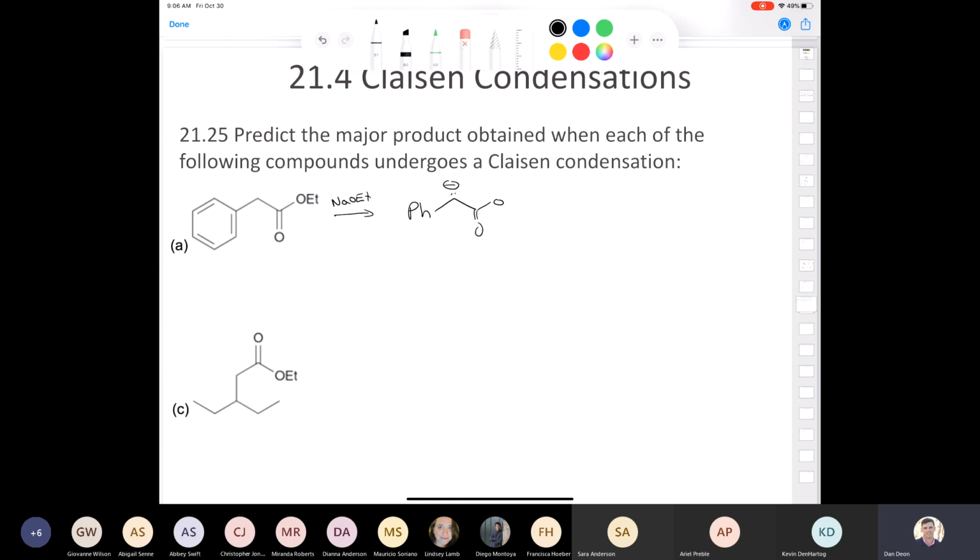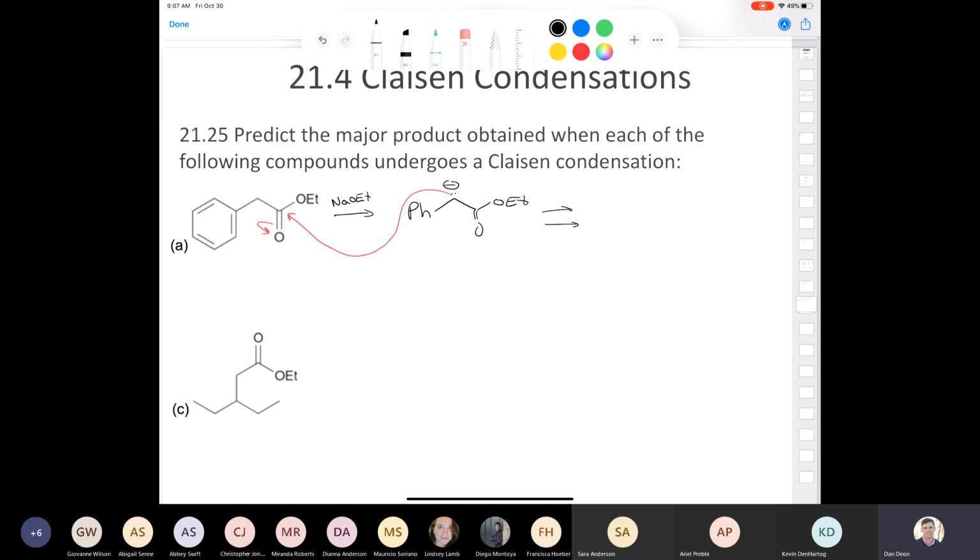Okay, so now we've got this enolate and we have this ester both in the same reaction flask. And so we're going to have the enolate behave as a nucleophile, and it's going to attack here. We're going to get a nucleophilic attack, and we're going to end up losing that ethyl. And then after a couple more steps, and I'm not going to draw the whole mechanism, we can draw our final product.